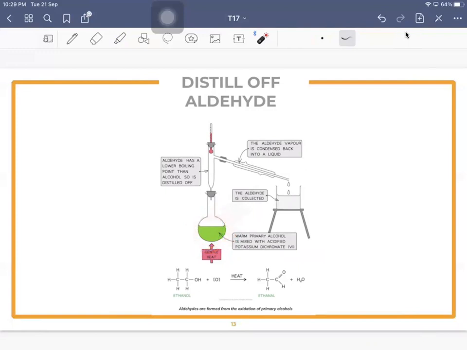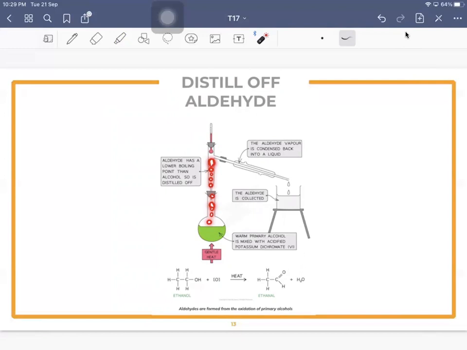Aldehyde has a lower boiling point than alcohol. So usually aldehydes have such a low boiling point that it essentially becomes a gas. Once it moves up, it is not able to escape because this setup is airtight, unlike reflux where you have an open mouth at the top.